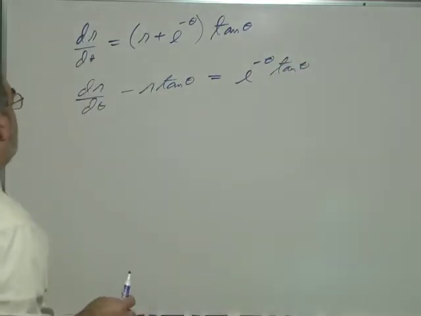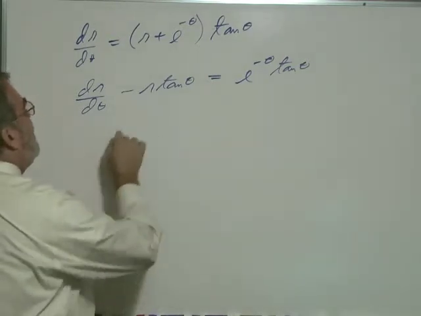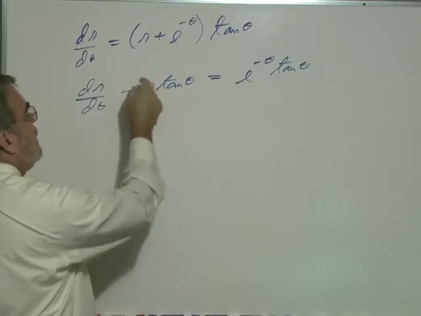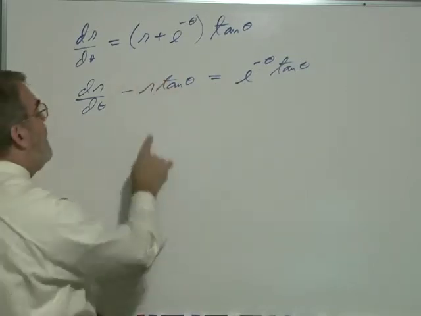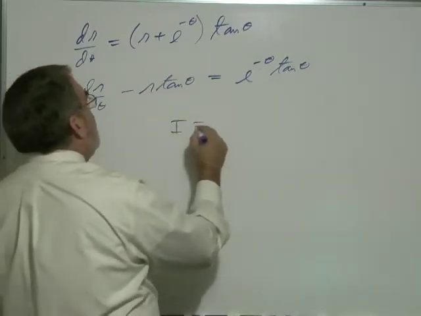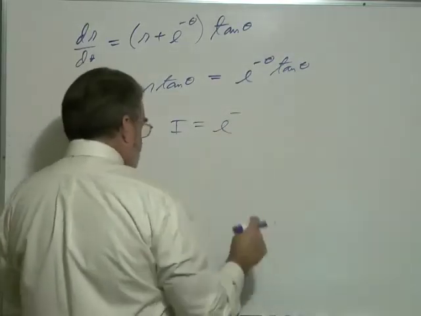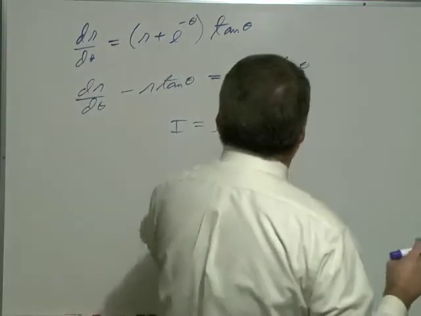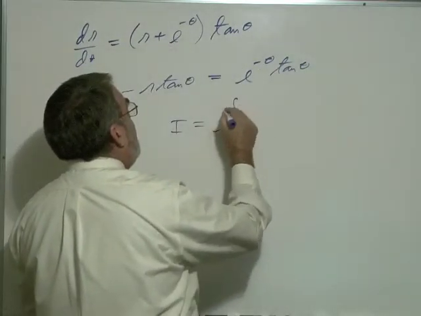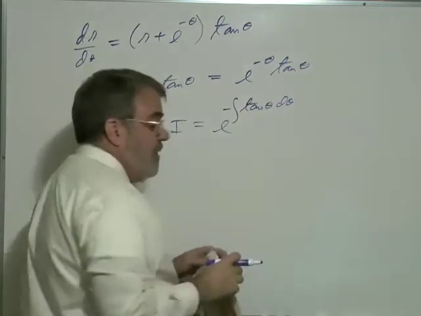So the integrating factor will be e to the integral of negative tangent theta, because negative tangent theta is my p of x and r is my y. So we have to integrate that: e to the integral of negative tangent theta d theta.